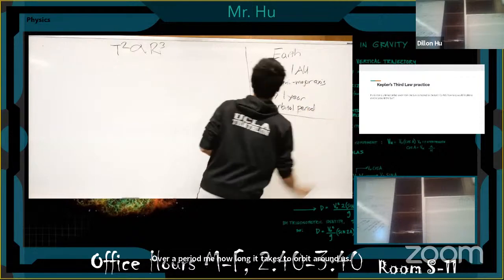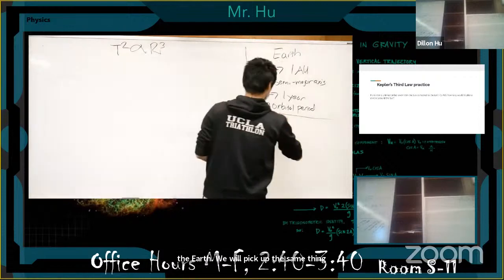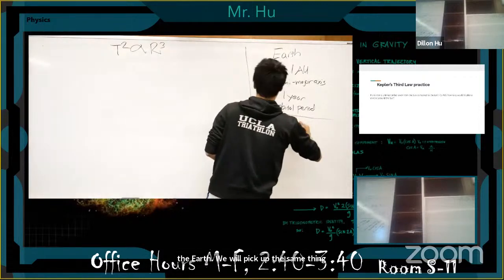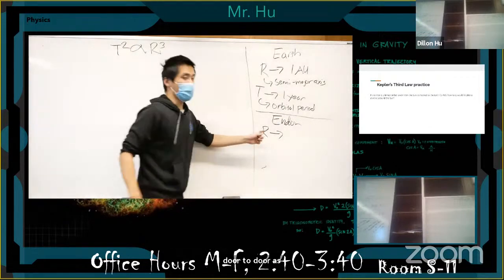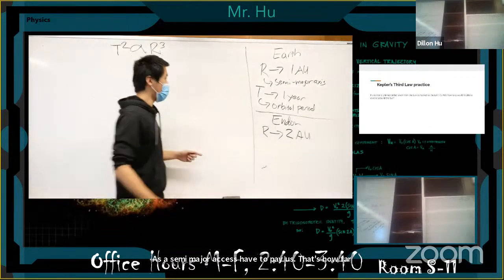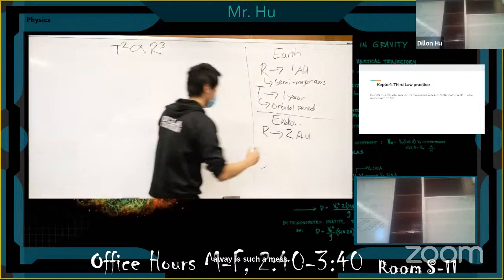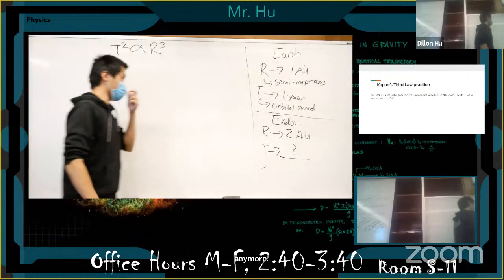We want to figure out the same thing, but for Endor. Endor has a semi-major axis of 2 AUs. That's how far away it is from the sun, and that's just given to us. And I need to figure out how long it takes for Endor to orbit around the sun. But we don't know this. That's what we need to figure out.